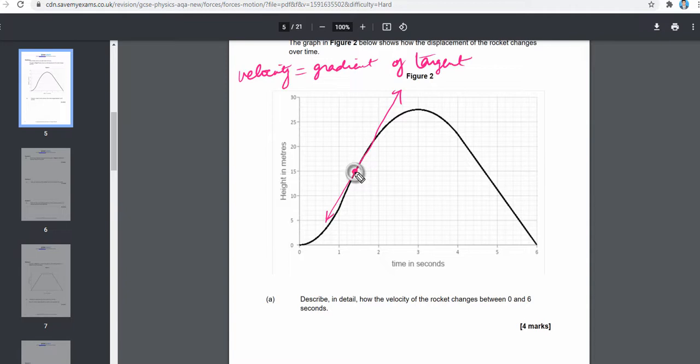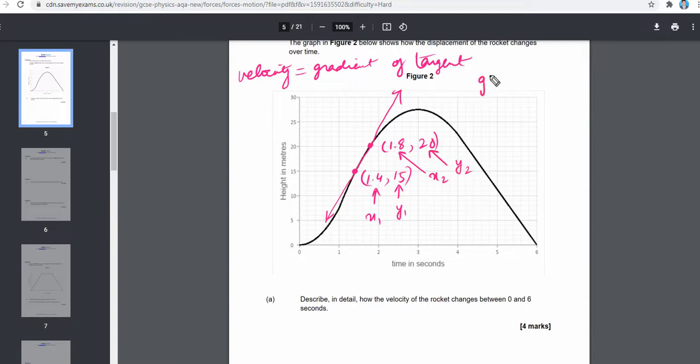I'll take this point as my x1, y1, and this point as my x2, y2. So this will be 1.4 and 15, and this point will be 1.8 and 20.